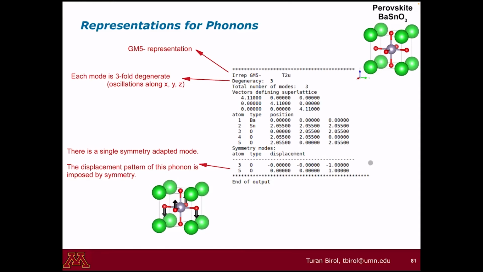So you will only end up with a force along the same displacement, and you can just divide that force by the mass of the oxygen and take the square root, and that will give you the frequency of this gamma 5 minus mode. So in other words, in the case of a perovskite, you have this 5 by 5 dynamical matrix, but this representation enables you to write it as a 4 by 4 block and a 1 by 1 block. And if you're only interested in that 1 by 1 block that corresponds to gamma 5 minus, that's all you need to calculate from first principles.